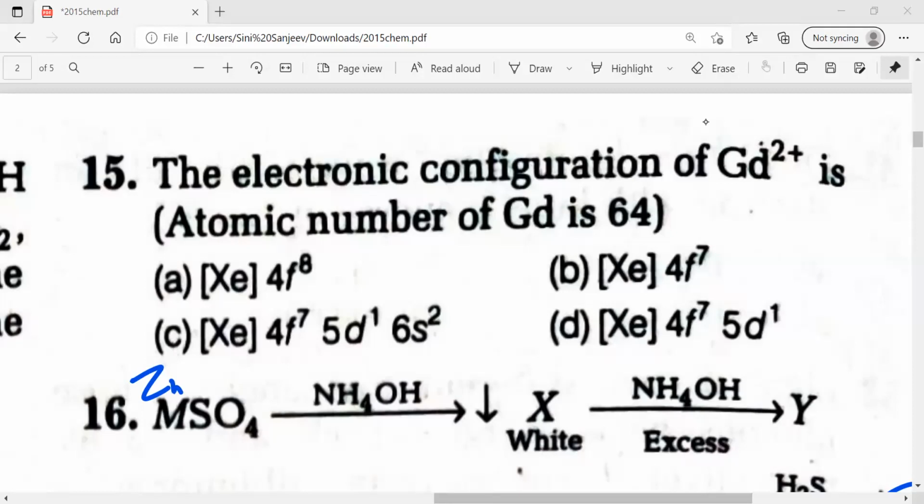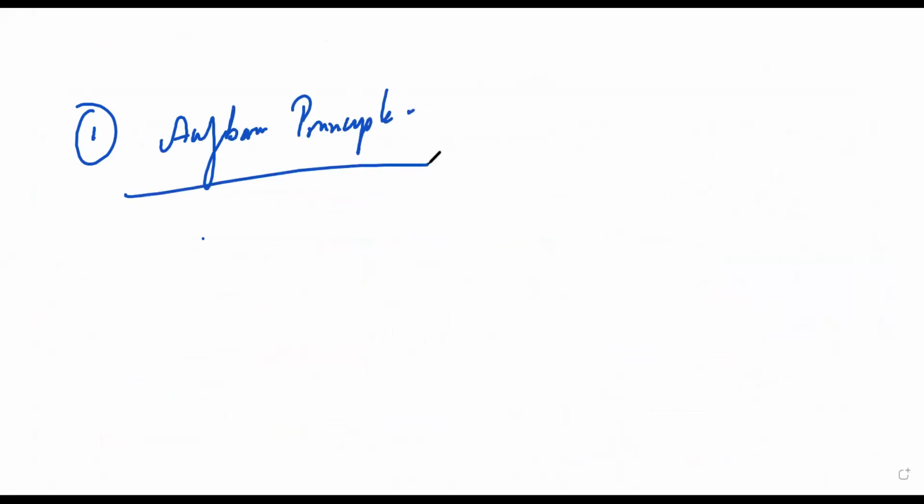See, for this 60th one, this is the reason I always tell you that knowing the Aufbau principle is important. In the sense, we have to know how to write the electronic configuration.